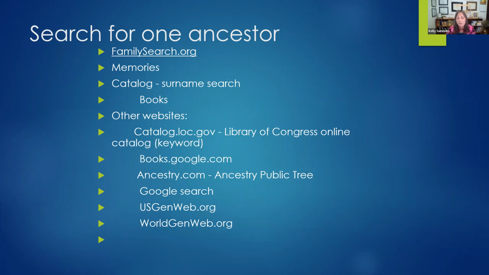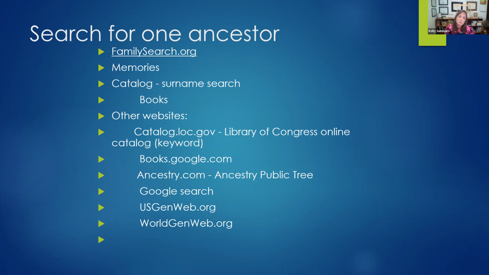We also looked at WorldCat, the online catalog. We looked at Google Books. We did a Google search. We did usgenweb.org, worldgenweb.org. And then last, we went to ancestry.com with our partner access and accessed their Ancestry public trees to do a search.